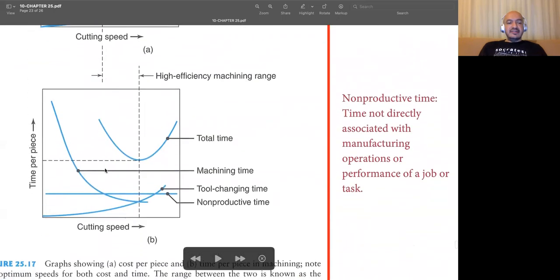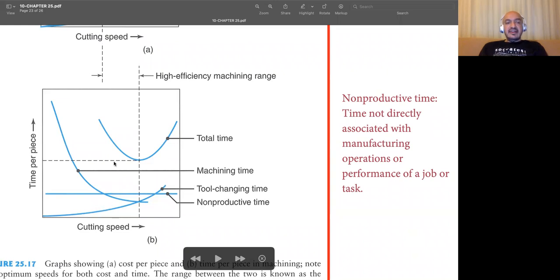Now let's have a look at machining time per piece and its relation with the cutting speed. Again, we have some sub items. This time we have three sub-components, and if you sum these time values, you will obtain the total time required to machine a specific part. And again, as in the case of the previous plots, we have a kind of a curve between cutting speed and the time we are spending to manufacture a piece.